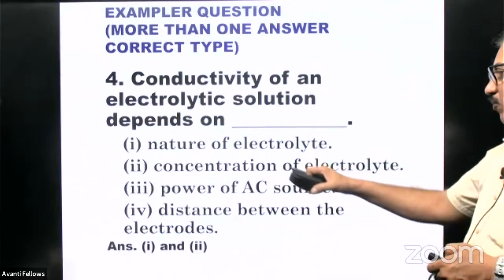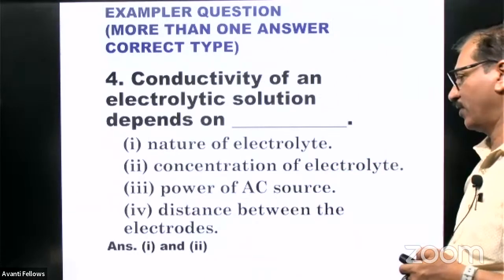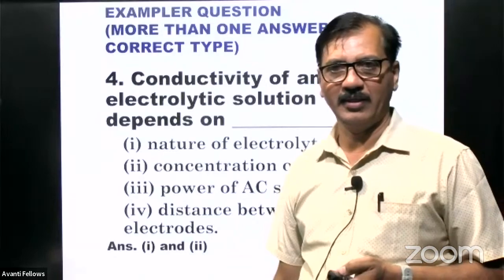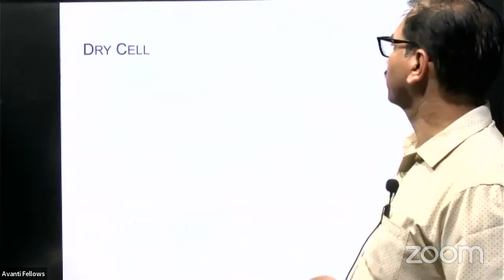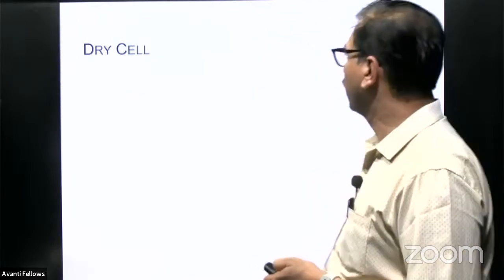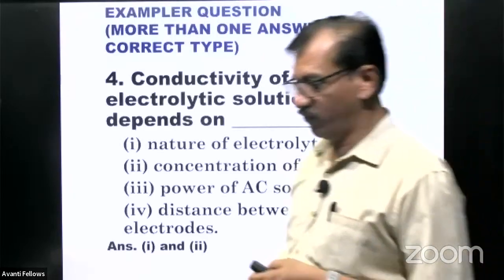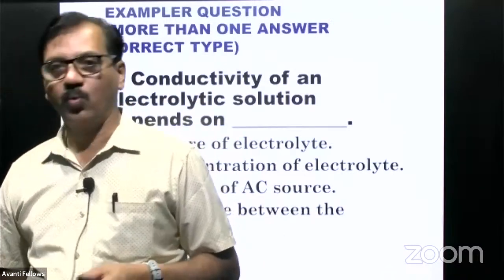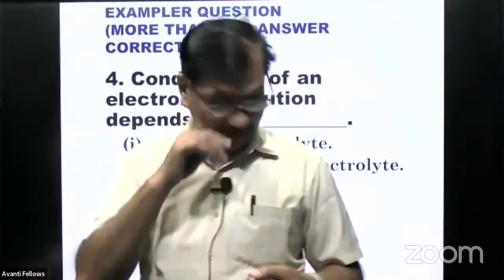So 1 and 2 are the answers; the power of the AC source and the distance between electrodes are not the factors, right?